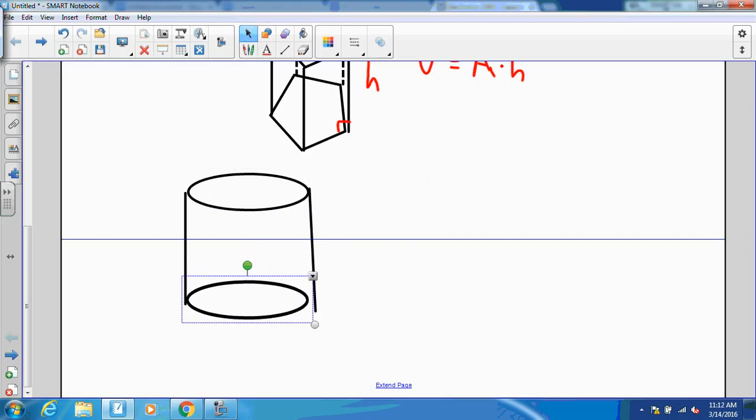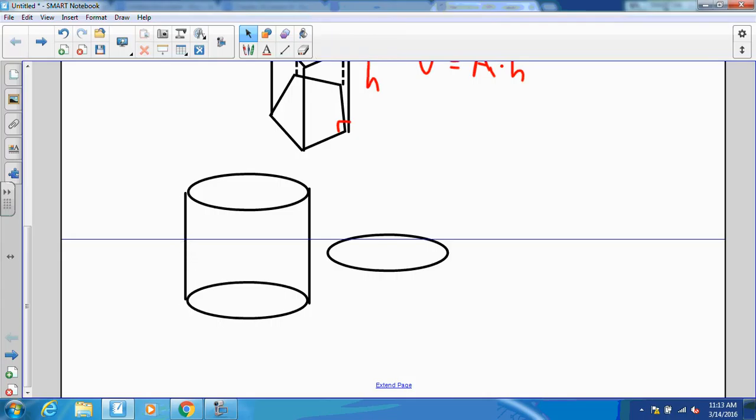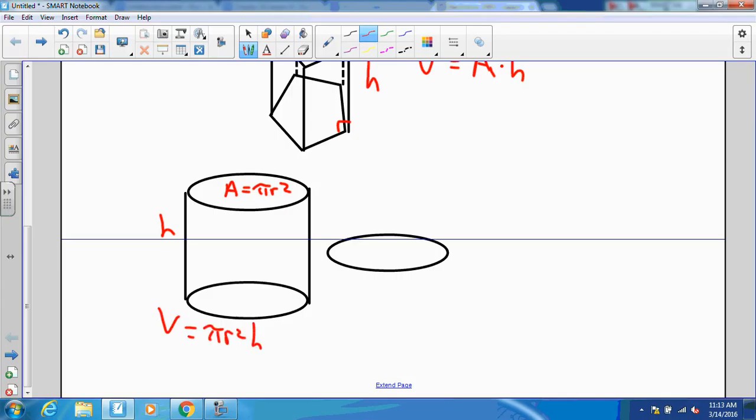Did it really? The line. There. Okay, the line didn't snap. Okay, and so if I wanted to find the volume of this cylinder, then I would say the volume is the area, which is pi r squared, times the height, h. And behold, the volume of a cylinder. Volume is equal to pi r squared times h, or area times height. And the idea here is that I'm multiplying the area of the circle through the height h.